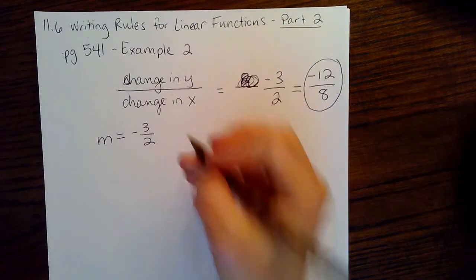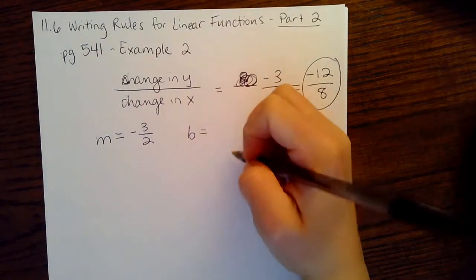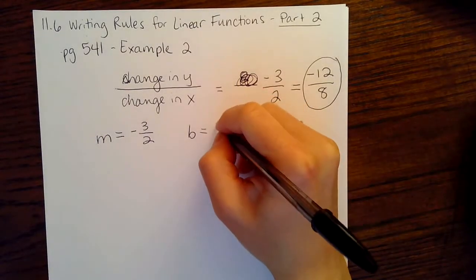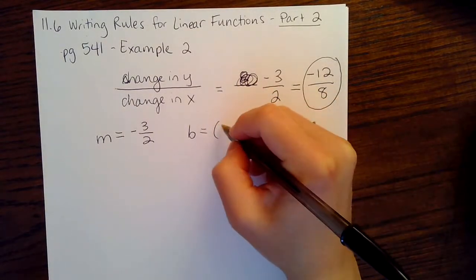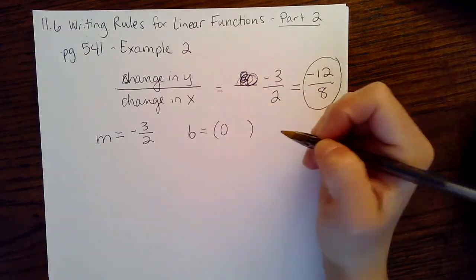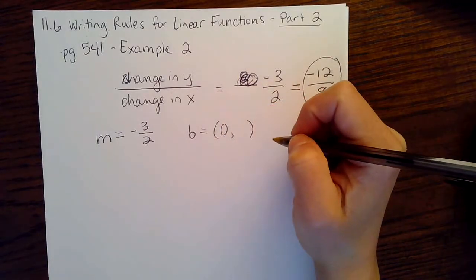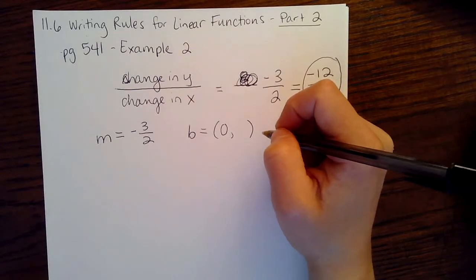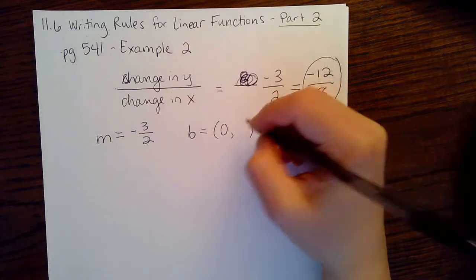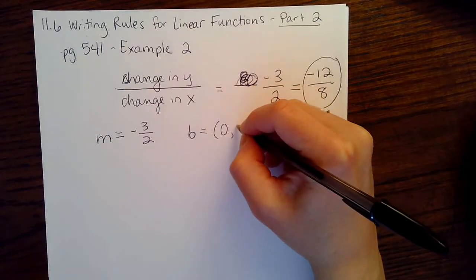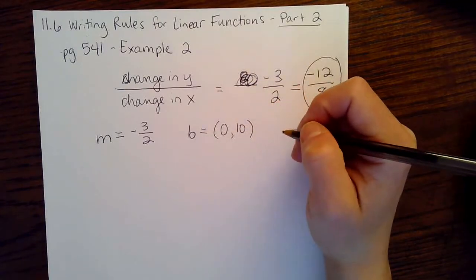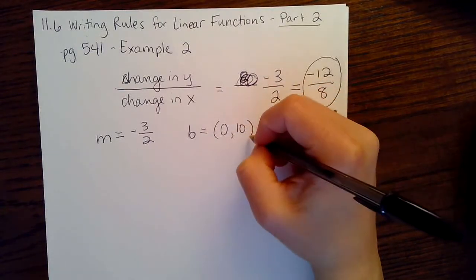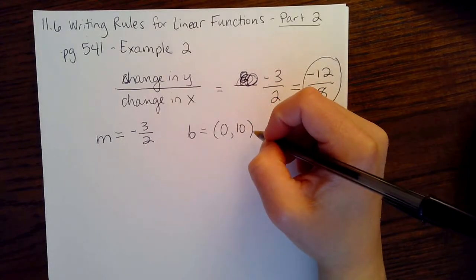We also need to know the y-intercept. Remember, we said that the y-intercept is the point where x is 0. When x is 0, that means that point is along the y-axis. And so we can find that point in our table. When x is 0, y is 10. That's the very first point in our table.